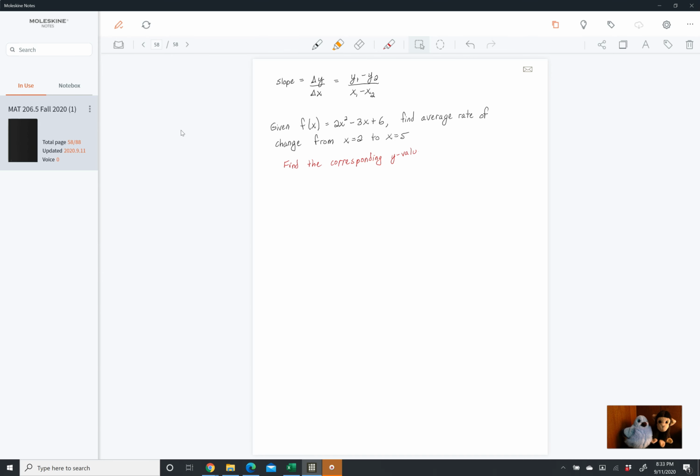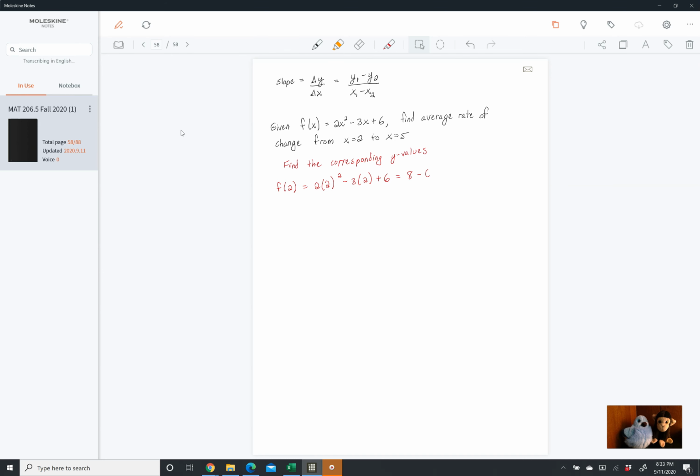How do we do this? We just plug it in. Okay, so we're going to find f of 2, right? We're just going to plug in 2. So 2 squared is 4, so we get 8. 2 times 4 is 8.